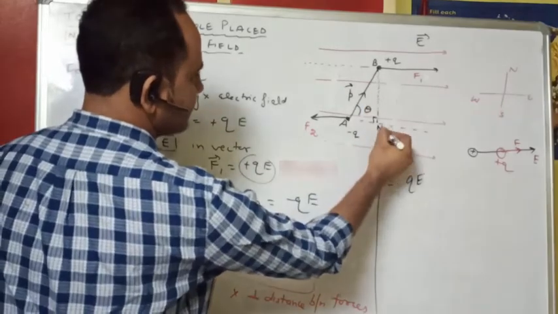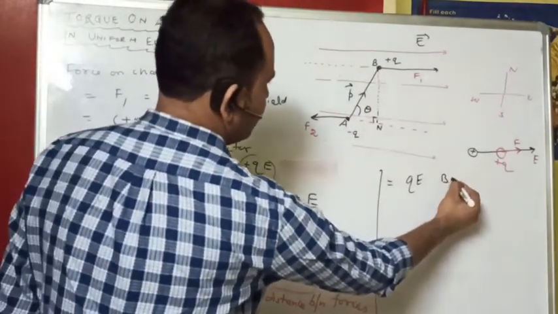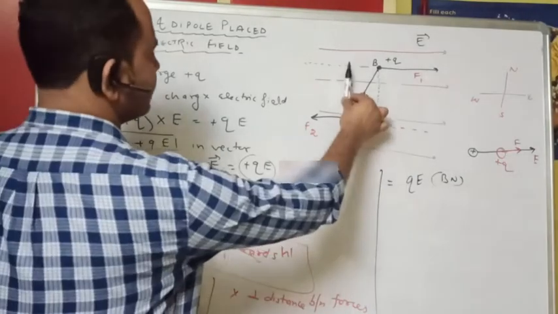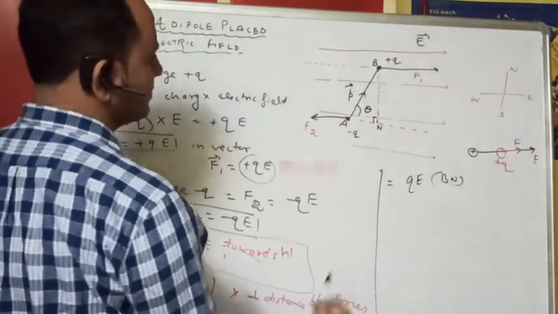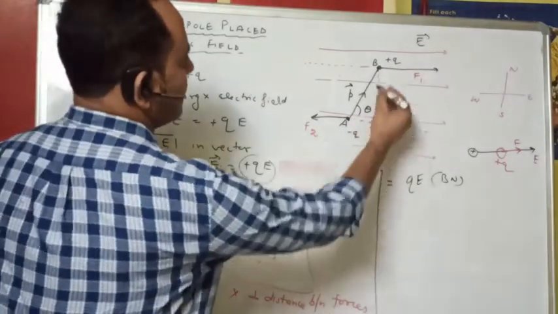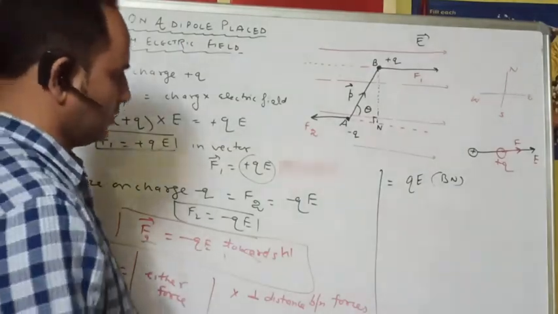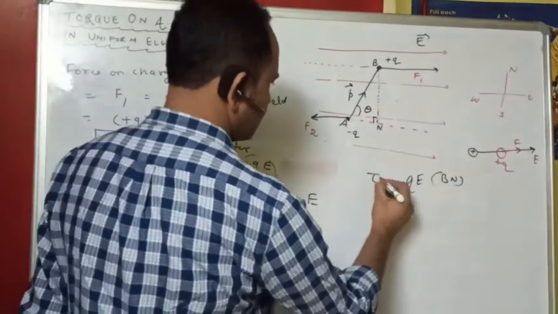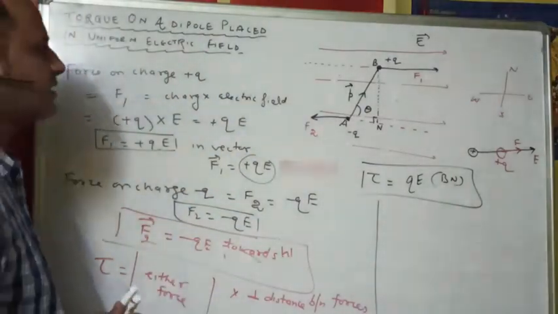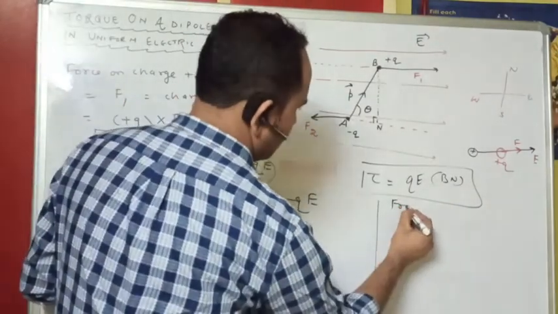Suppose this point is N. So BN will be the perpendicular distance. You can take either perpendicular distance, but for this situation I am taking BN as the perpendicular distance. So this is our torque value. Let us find the value of BN from the triangle AMB.